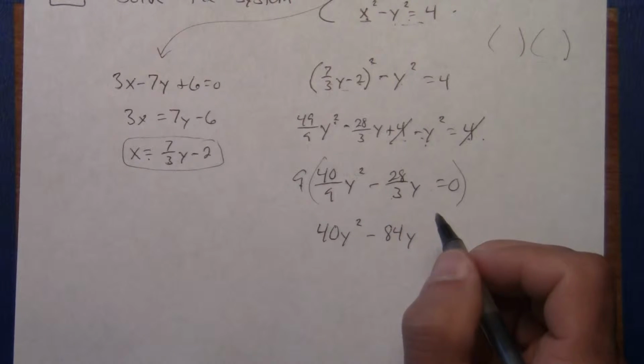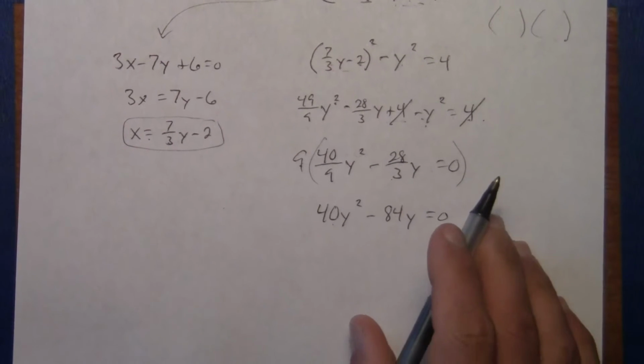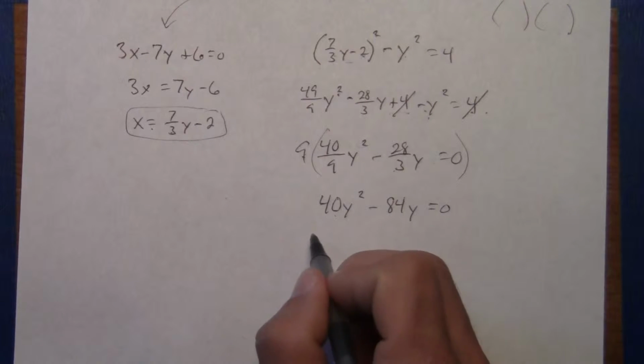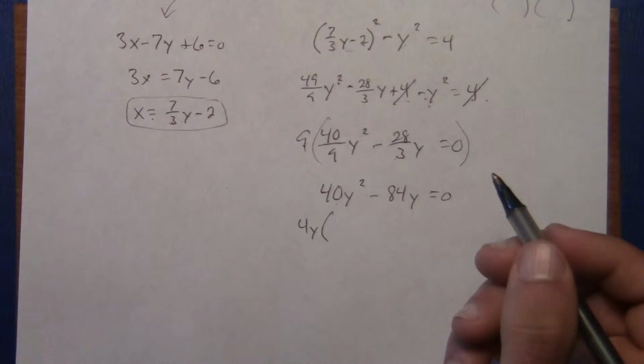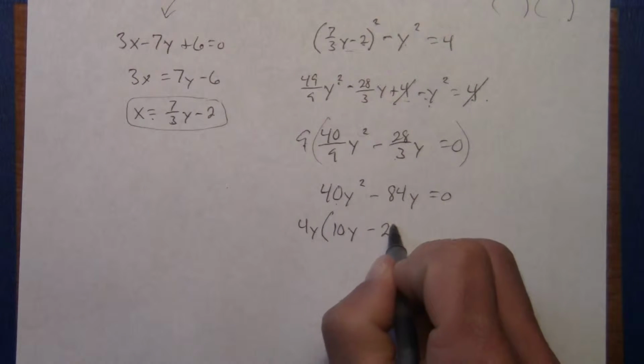And then from there, I maybe notice that they have a 4 in common. If you see it, great. If you don't see it, doesn't matter. You can divide them by 4. You can factor out 4y. A lot of variations or options of how you want to do this. I'm going to factor out 4y, which is going to give me 10y minus 21.